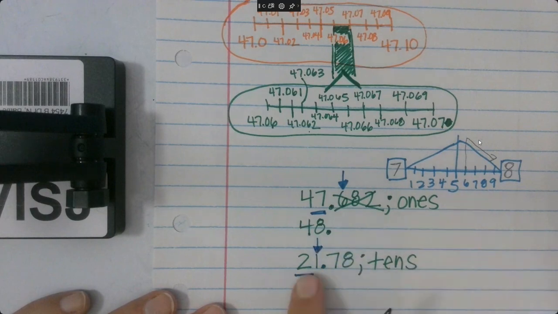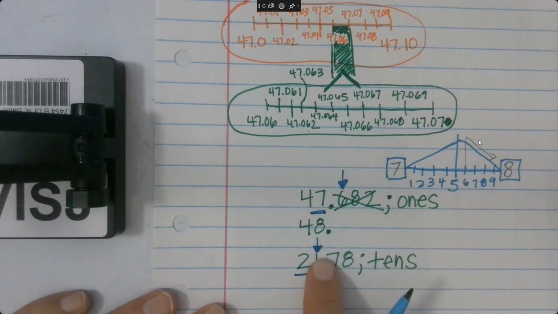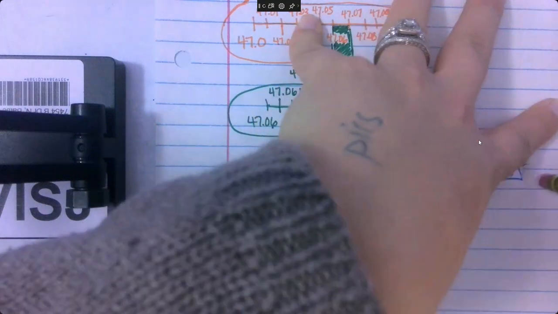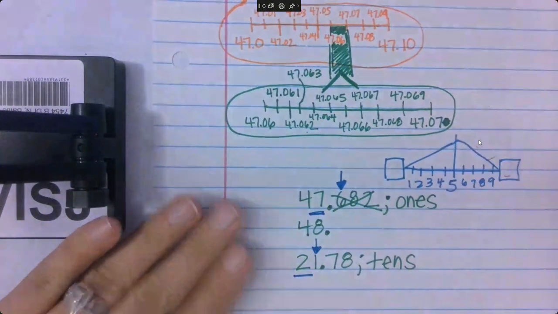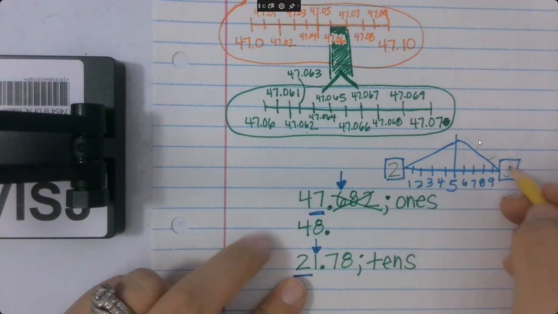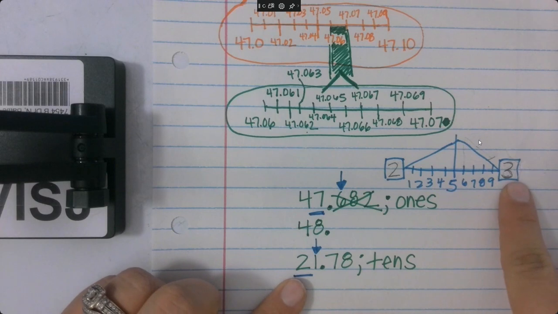Notice to show your work, it can be something as simple as underline and put an arrow. Okay, but now that means I'm coming up here. That's why I said use pencil. I'm going to put my underlined digit in the first box and the nearest whole number in the next box. So 2, and then the nearest whole number is 3.